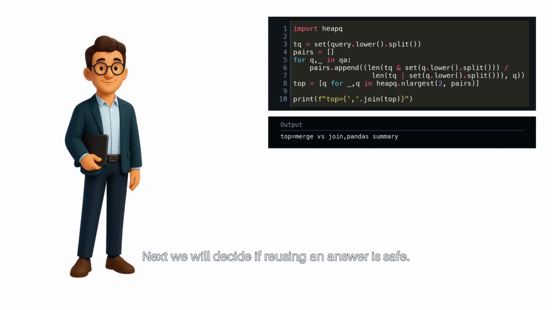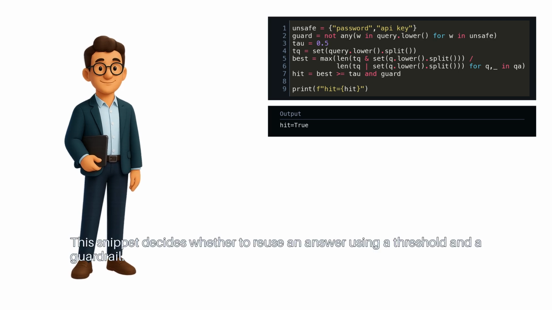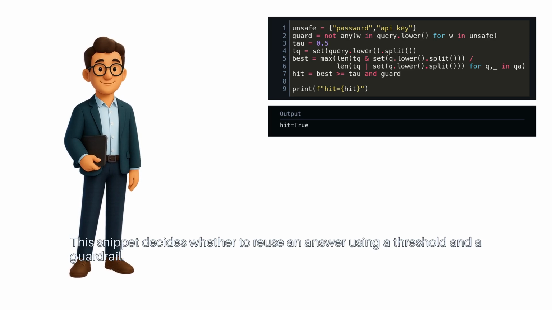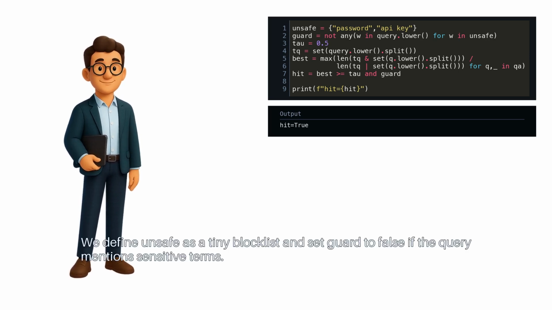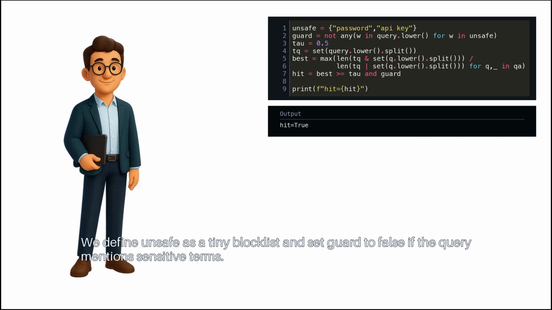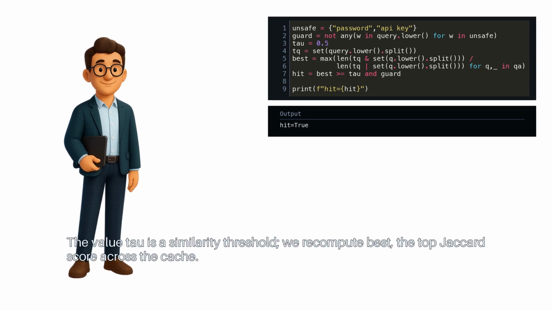Next, we will decide if reusing an answer is safe. This snippet decides whether to reuse an answer using a threshold and a guardrail. We define unsafe as a tiny block list and set guard to false if the query mentions sensitive terms. The value tau is a similarity threshold. We recompute best, the top Jaccard score, across the cache.